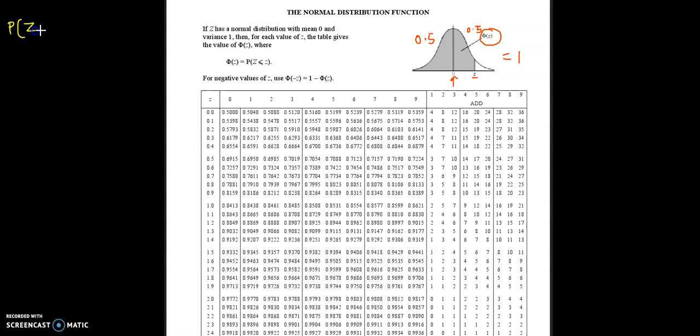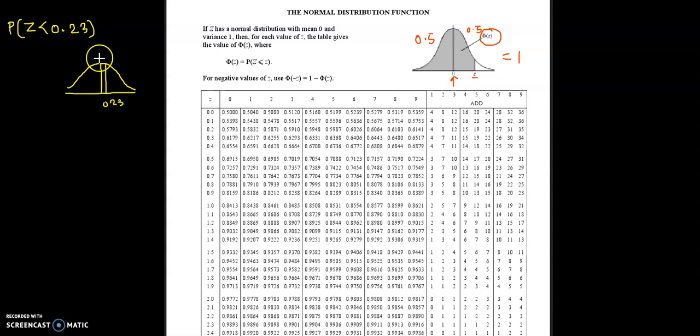Suppose the question asked to you is to find the probability of z less than 0.23. Whenever you are finding the probability of z for any point, always have a habit of drawing a curve. It could be just an approximate curve, but draw it so that you understand exactly what is asked and how to find it from the table. 0 is at the center, so approximately here I will get 0.23.